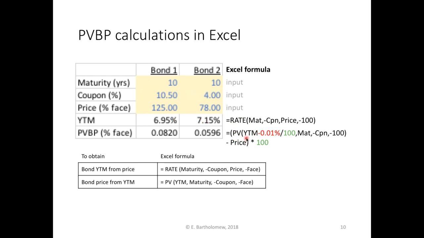And then when we do our PVBP, what we're doing is we're taking that YTM, we're subtracting 1 basis point divided by 100, and then calculating the price for that new yield, subtracting price and multiplying the result by 100. So if we do that, embed that in this formula, we'll get exactly the same numbers that we got before. So you can either try that now in Excel. If not, I would encourage you to try it after the tutorial's over, just to make sure you can do this.